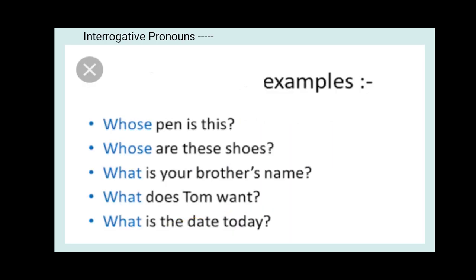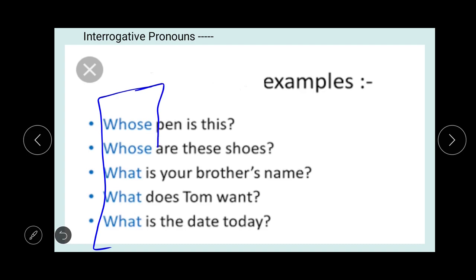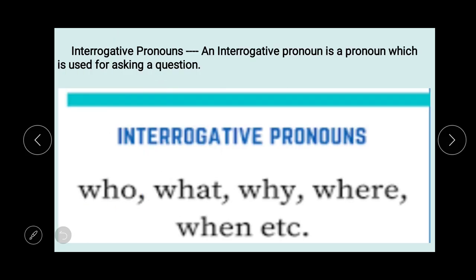You can see that the highlighted words are the interrogative pronouns because they are asking the question in the sentence. Some of the commonly used interrogative pronouns are who, what, why, where, when, etc. Some other words are also there, like which, whom, how, like this.